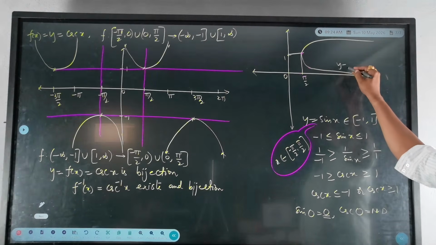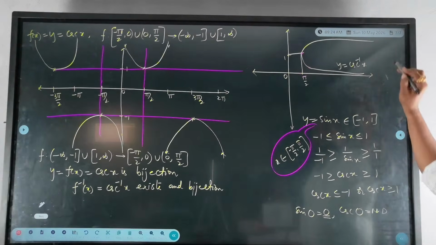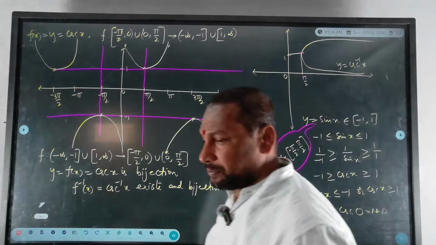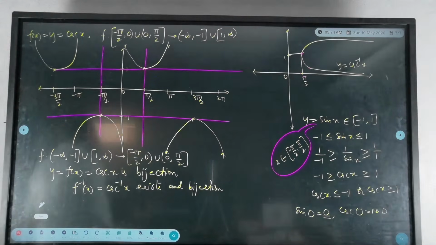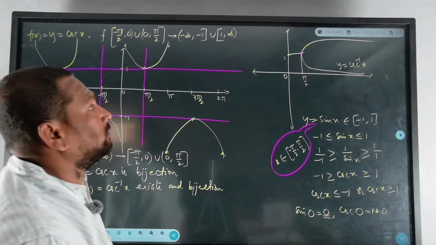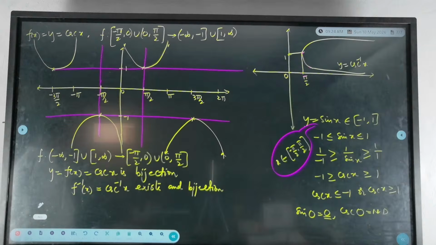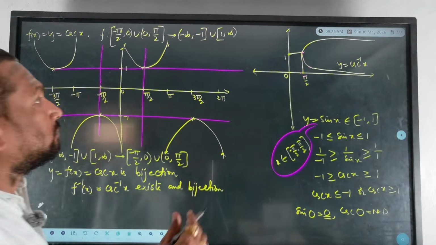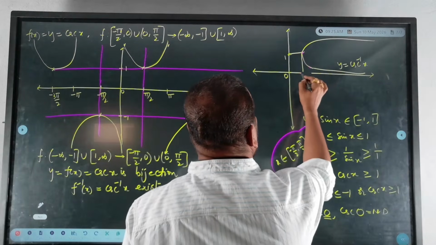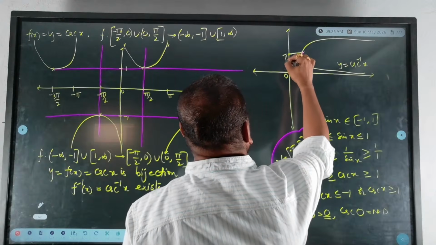This is y is equal to cosecant inverse x graph. This is x value 1, this is pi by 2.